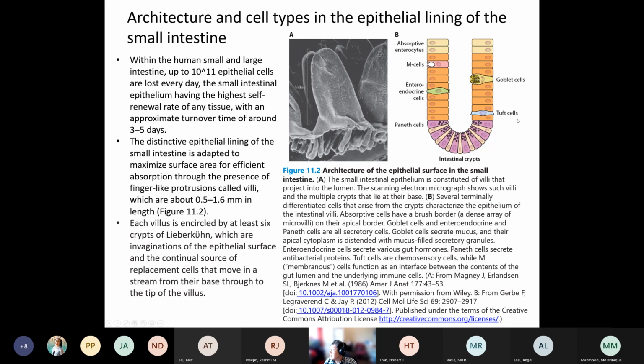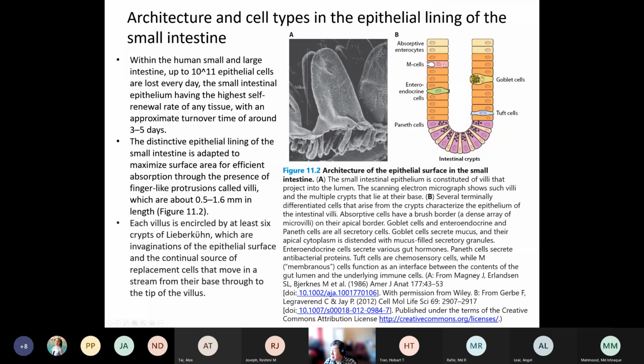You have tuft cells. The tuft cells are the sensory cells, the chemosensors. And you also have enteroendocrine cells. By the name, they secrete hormones. And then you have M cell. M cell is a special cell type that mediates the interaction between the environment in the lumen and the immune cells underneath, adjacent to the M cell.